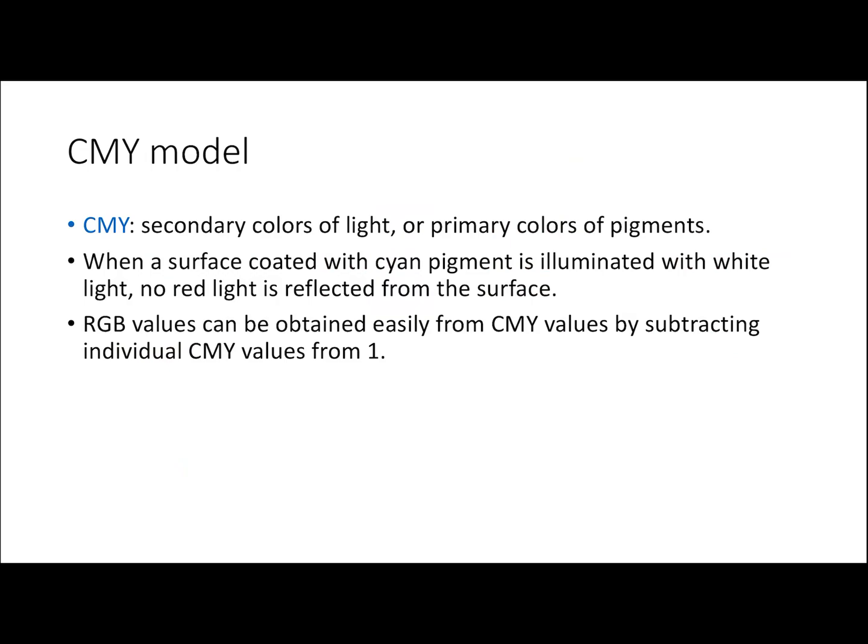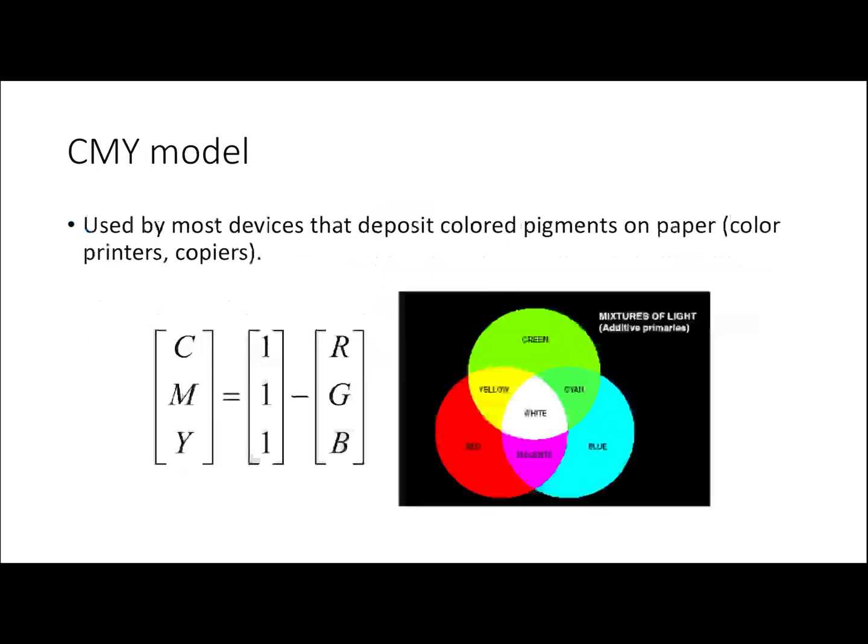Here you remember that these RGB components are represented in normalized form, and similarly by this expression the CMY components that we get will also be represented in normalized form.